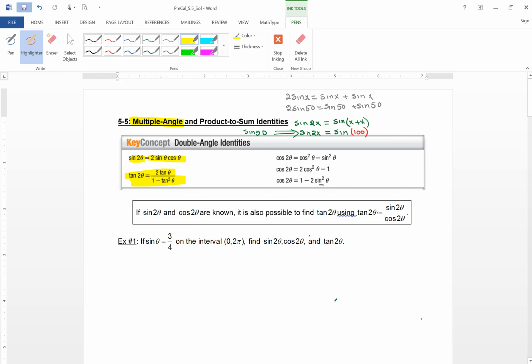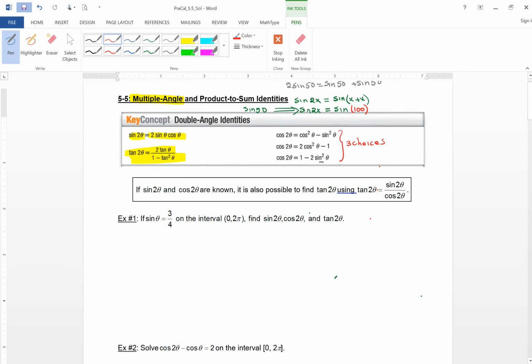For cosine of 2 theta, you have 3 choices, and you can use either identity depending on which one you have to work with. One more thing: if you already know sine of 2 theta and cosine of 2 theta, then you don't have to use this for tangent.